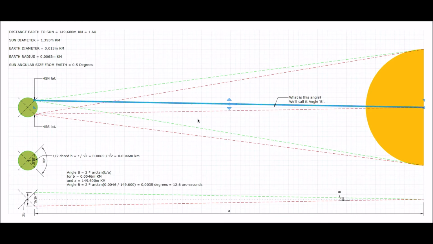However, I also very specifically described these lines as the average or sum of all the light rays reaching a specific point on the Earth, not as the only light ray or all of the light rays.